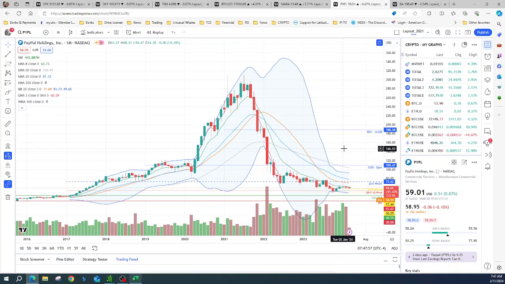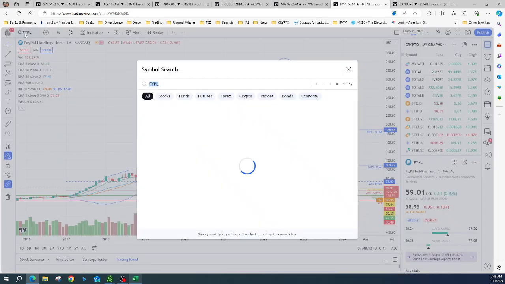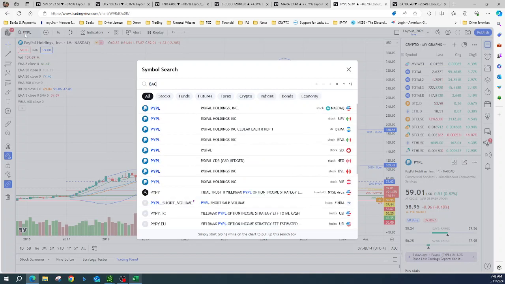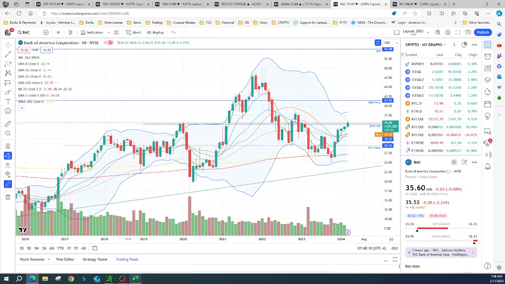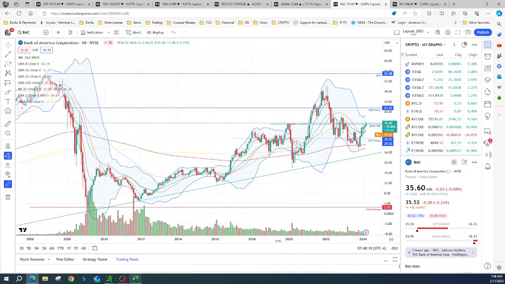This is the all-time low. But look, people, does it make sense to you guys? That's a financial institution. That's a financial institution. So if you compare PayPal, for example, with BAC, Bank of America, look at Bank of America.